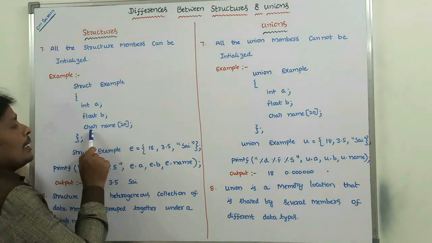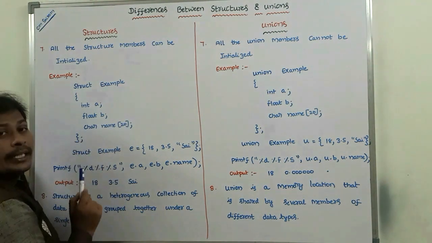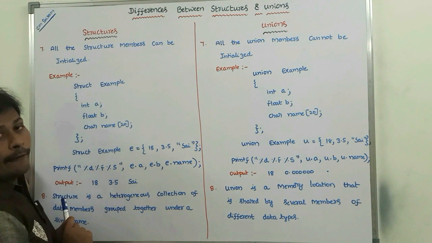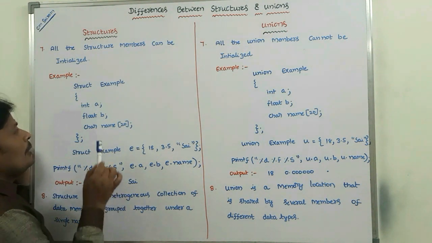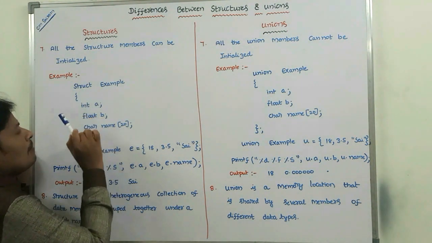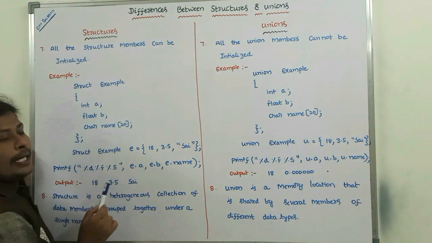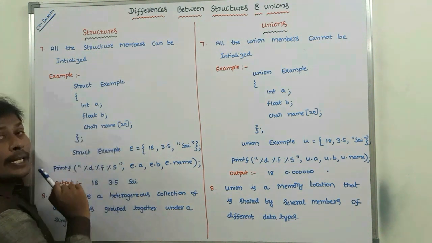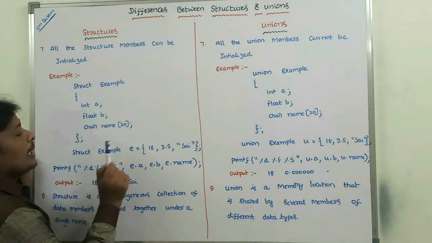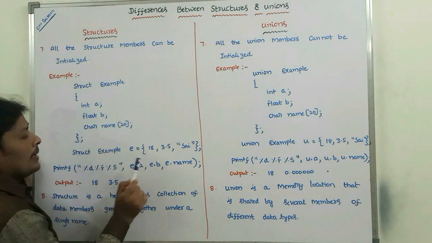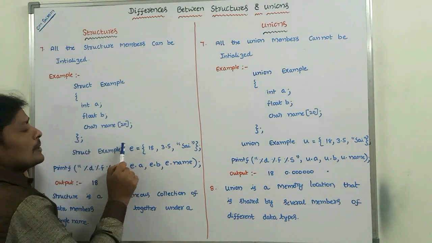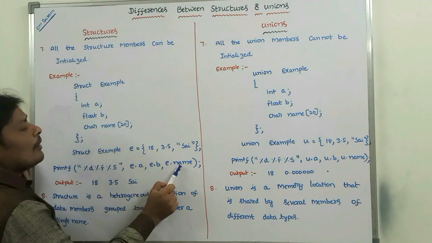The third is a character array, so we are taking a string and the format is %s. We are accessing the first data member by using e dot a, next by using e dot b, and next by using the structure variable e dot name.